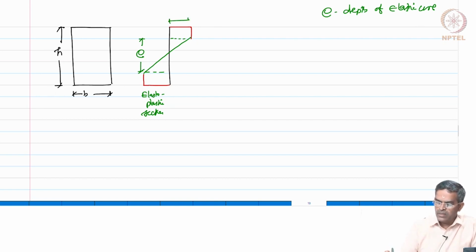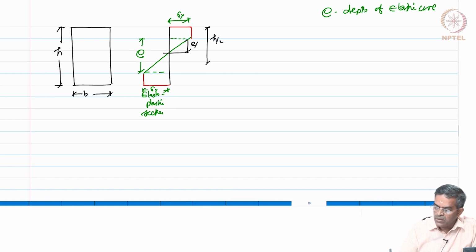Of course, we know that the stress at the extreme fiber remains sigma y. And we also know from this figure that this dimension is h by 2 and this dimension of course is E by 2. Am I right?